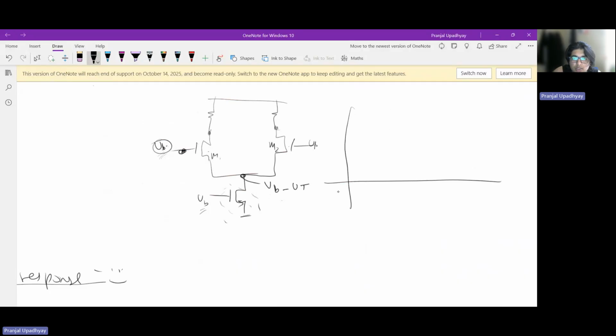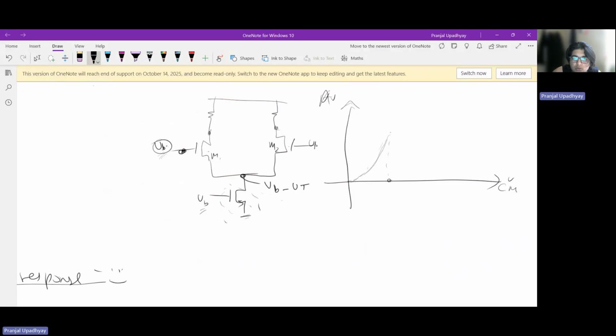When we sketch gain with respect to the input common mode voltage, initially when the common mode signal is almost zero, this guy is in the triode regime, and so the gain will just loosely grow.